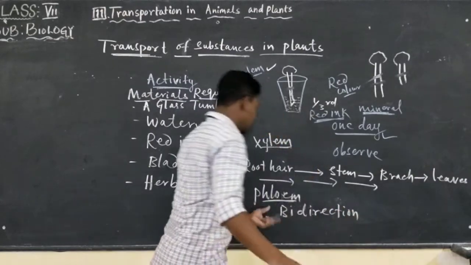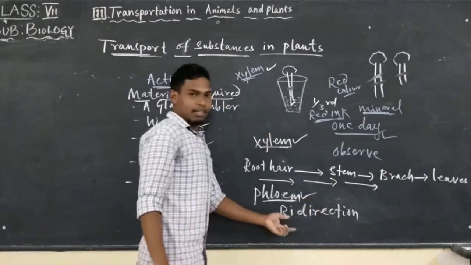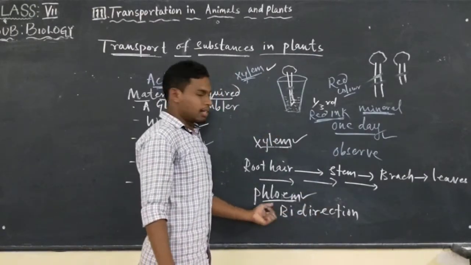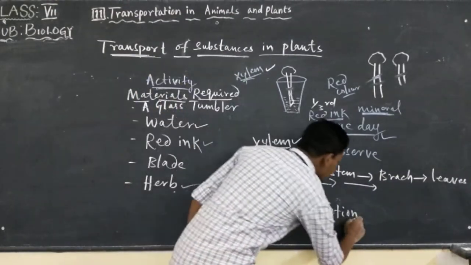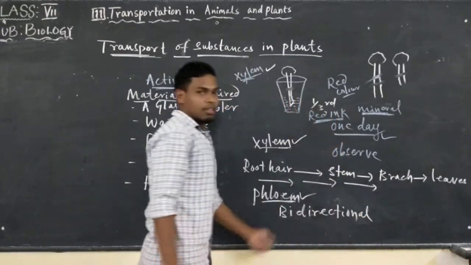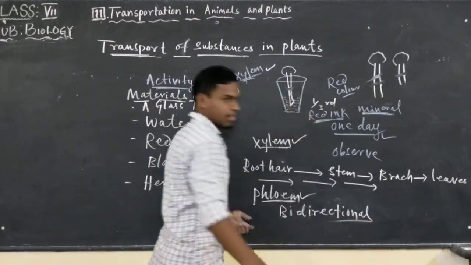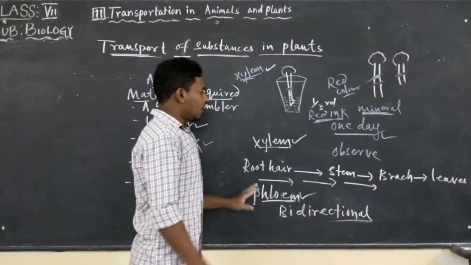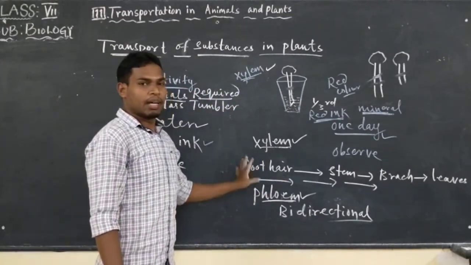Xylem is unidirectional, phloem is bidirectional.